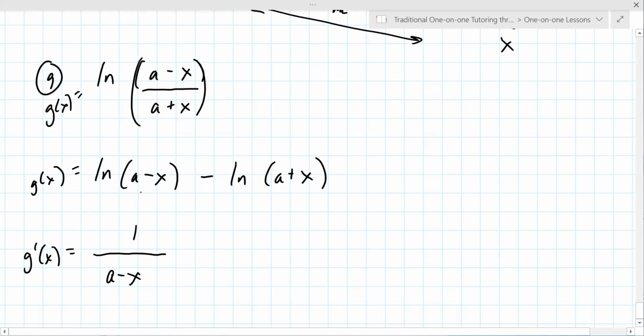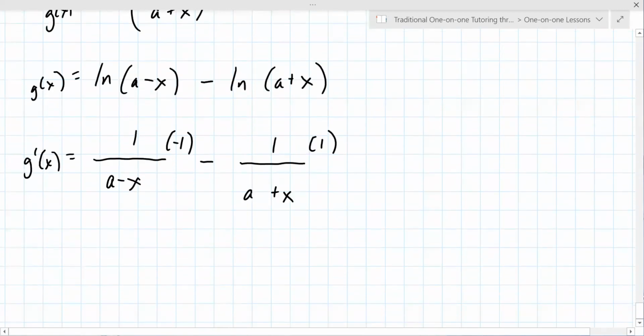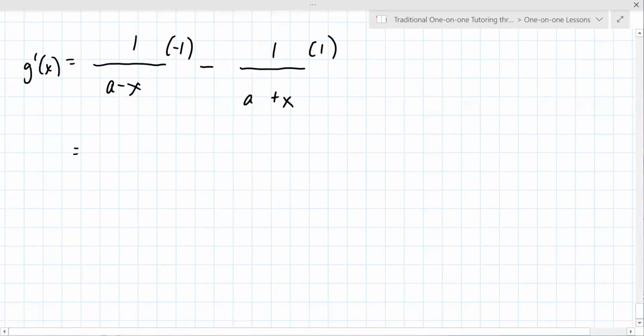Would it be -1? Yes, -1. So minus 1 over a plus x times 1. And then you have to work with your instructor to decide if they want you to reduce this or not. He'd probably just do -1 over a minus x minus 1 over a plus x.